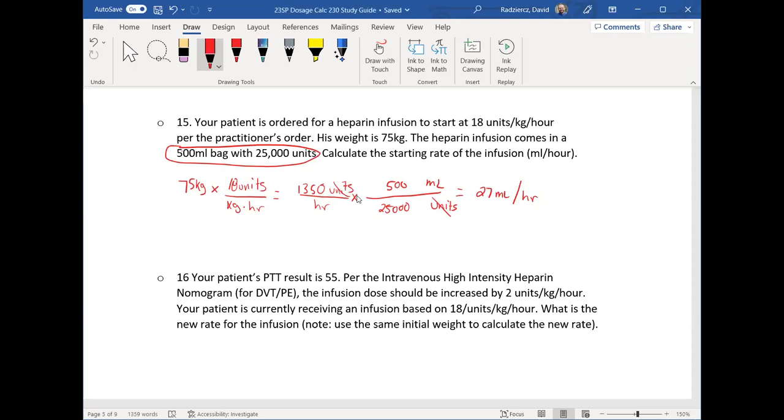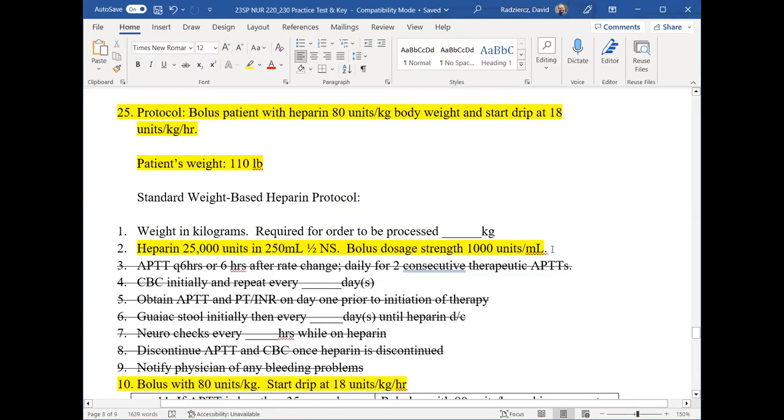All right, I'm going to do the next question, but I'm actually going to go back to the Allegheny campus review guide. In the previous question that I did, remember it was a patient who was 110 pounds, right?